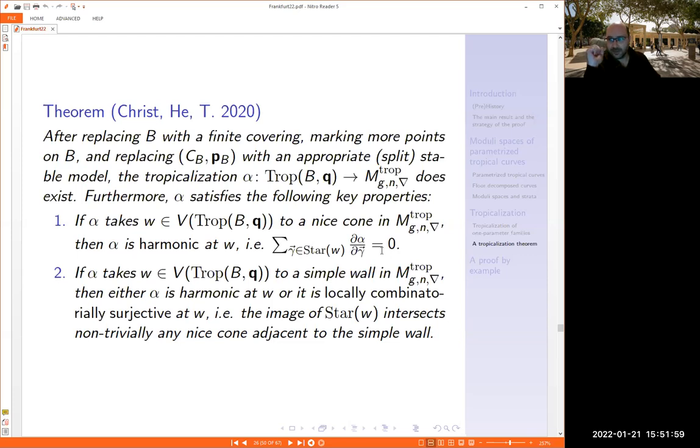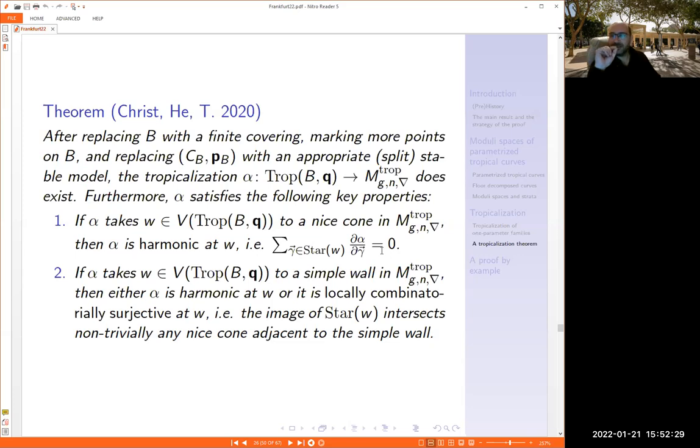This is one possibility. Or it is locally combinatorially surjective, and this means that the star of the vertex W in the tropicalization of the base is mapped surjectively onto the star of the simple wall. In what sense mapped surjectively? So each nice cone, you have three nice cones attached to a simple wall.